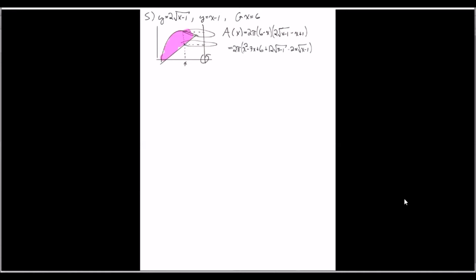Now we have to find these bounds. I'm going to do all this to the side right under the graph. Set these equal: 2 radical x minus 1 is equal to x minus 1. If x is 1, both of the sides are 0, so that's our first guess, and we've got x equals 1 here.